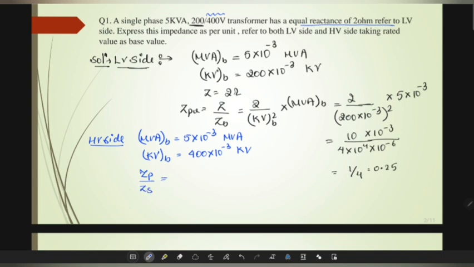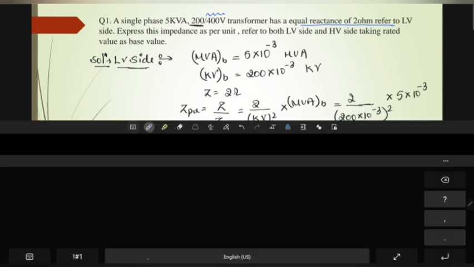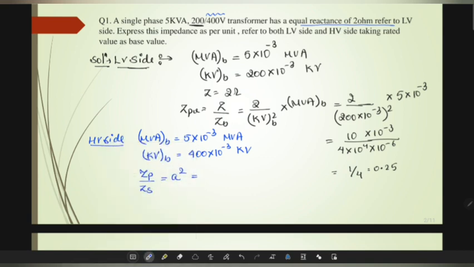See, primary side impedance divided by secondary side impedance is equal to A square, right? And what is A? A is the primary side voltage, that is 200, divided by the secondary side voltage, the transformation ratio.